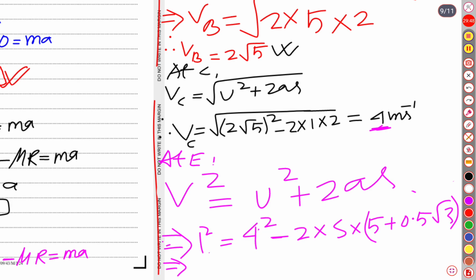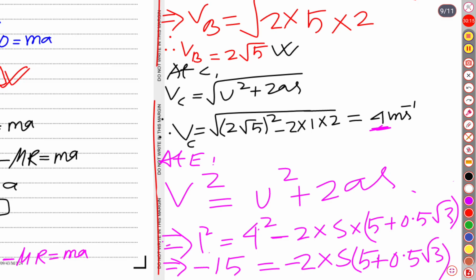If we subtract 16 from 1, it is going to be negative 15, equal to negative 2 into s into 5 plus 0.5 square root over 3. We require s, so let's isolate s.